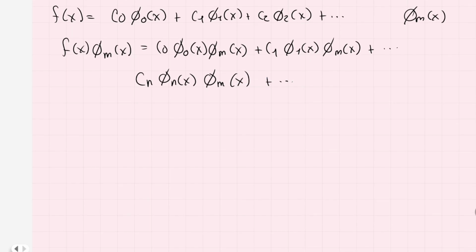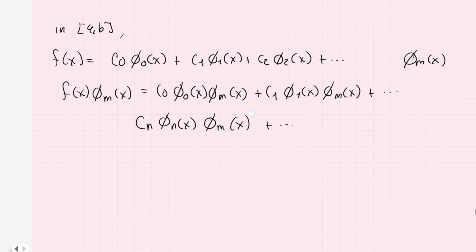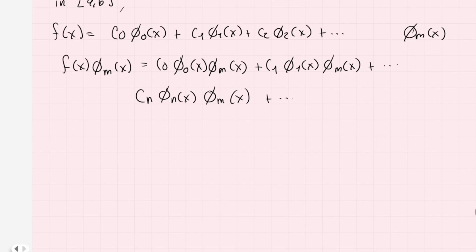Okay, so to be able to use the tool of the inner product, we need to take the integral from a to b, looking that we are working on the interval a comma b. Well, we are going to take that integral on both sides of this equation.